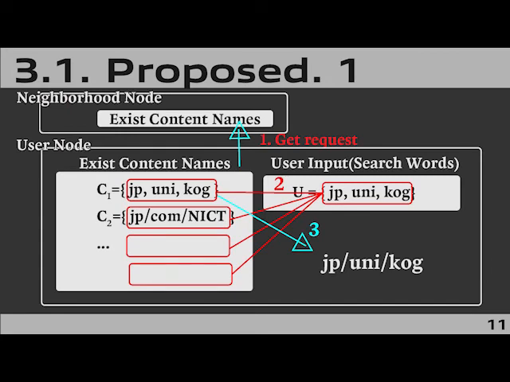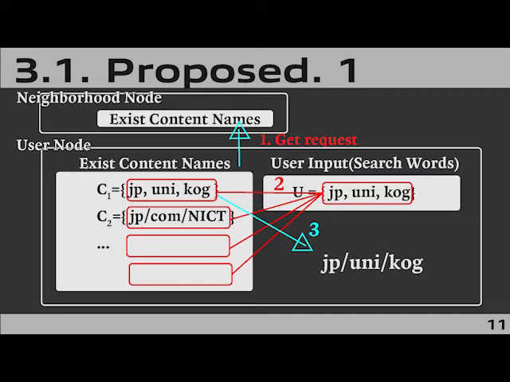Proposed 1 mainly implements three components. First, it acquires an existing content name from the neighborhood node. Second, it scans the existing content names for one that matches the search term set.